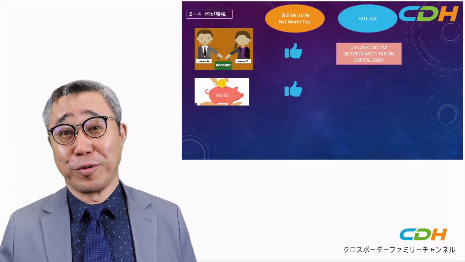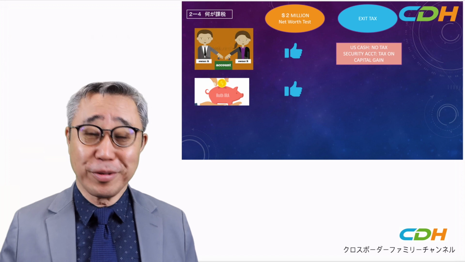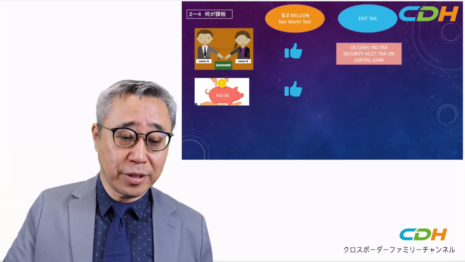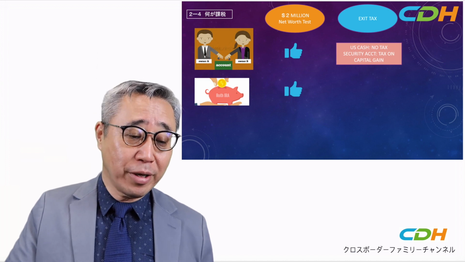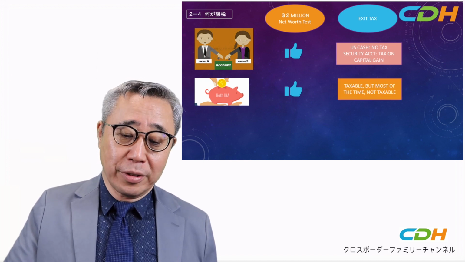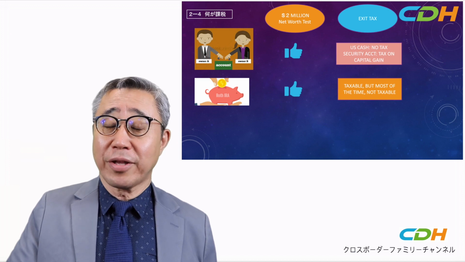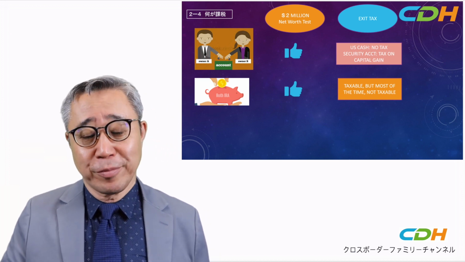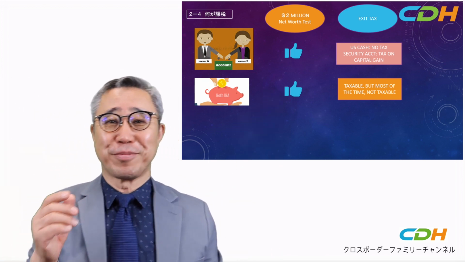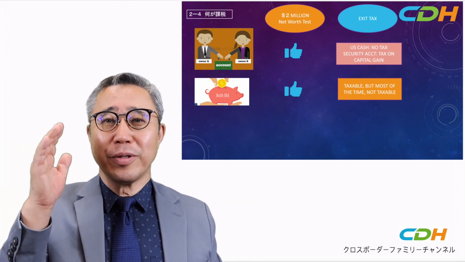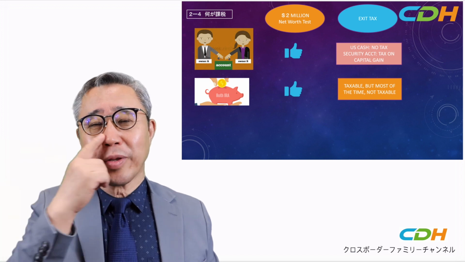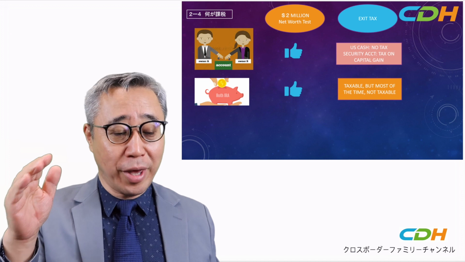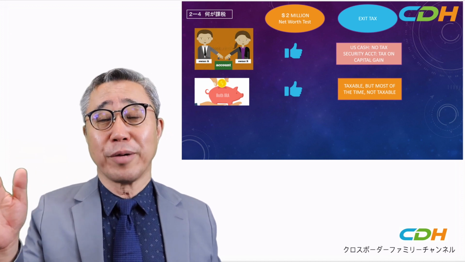A Roth IRA, I guess I have to talk about the Roth IRA. For the $2 million net worth test, yes, Roth IRA is included. The exit tax is taxable, but most of the time not taxable. I need to explain, because when you get out, let's assume you are already 59 and a half, and you held the Roth IRA more than 5 years.